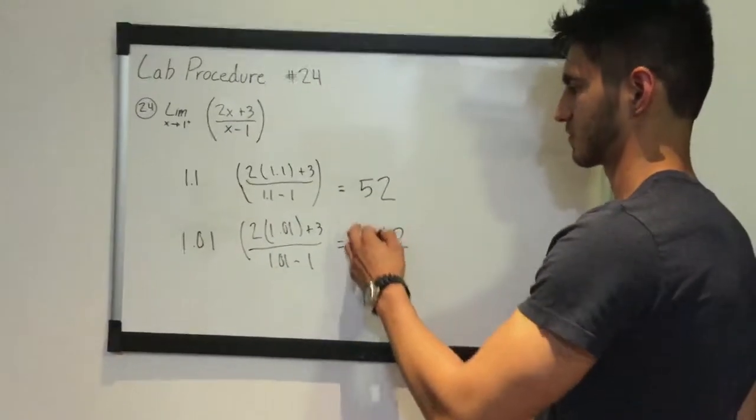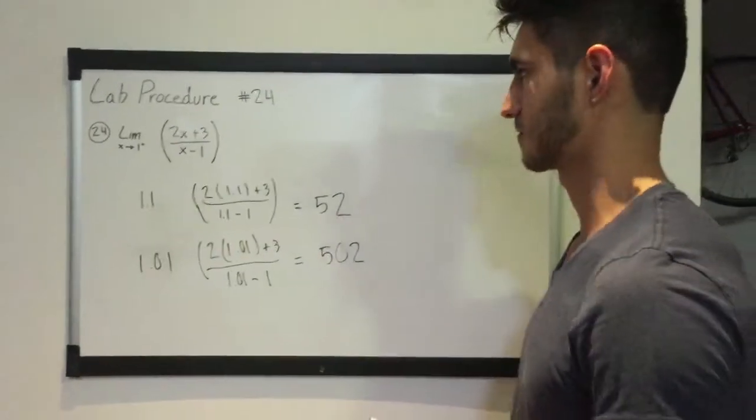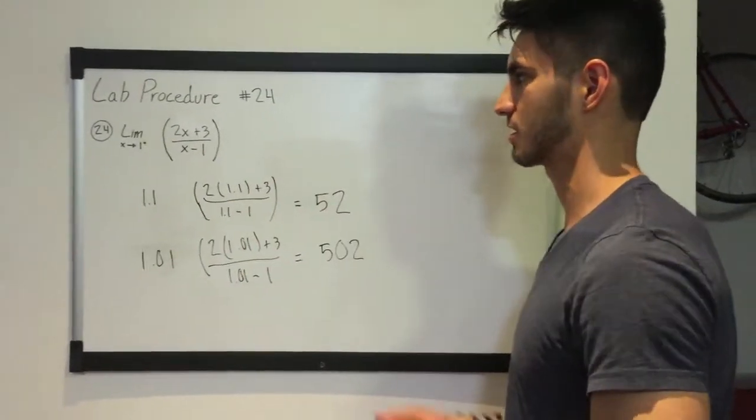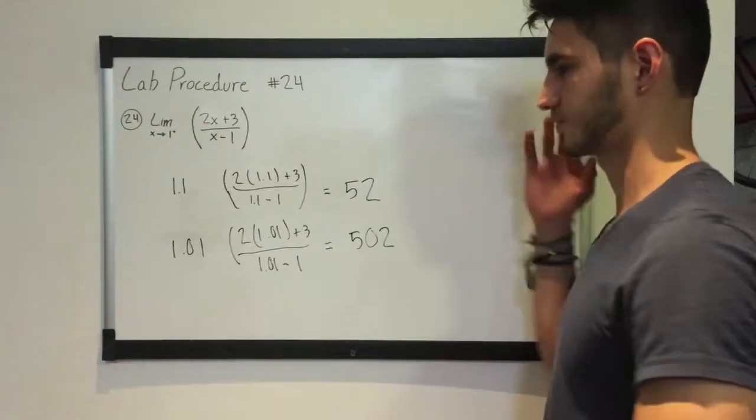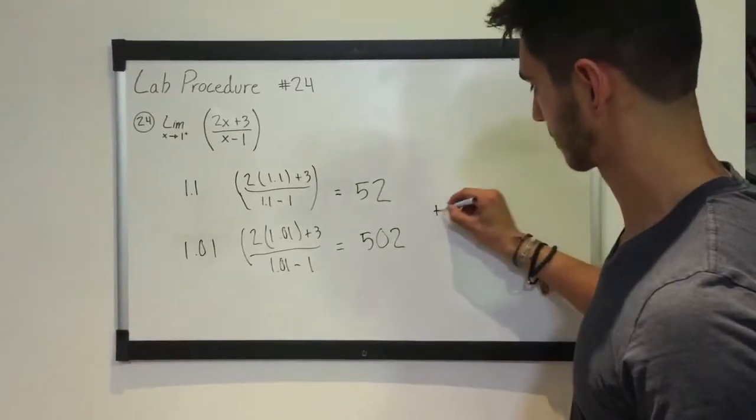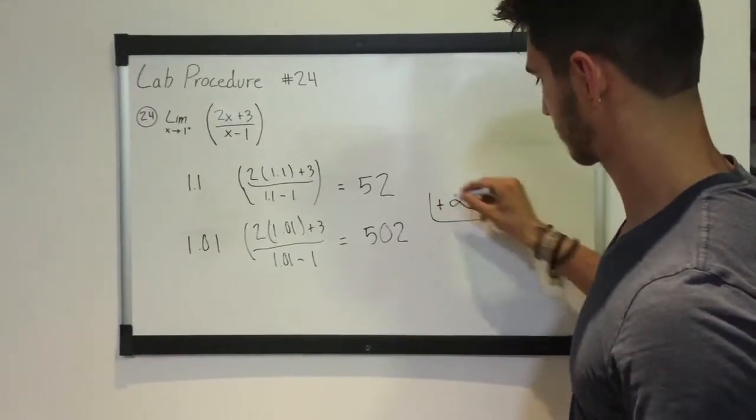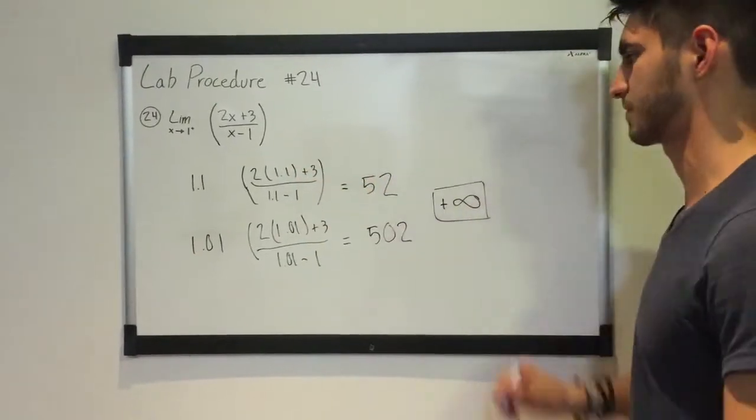So these numbers are proving to us that from the positive side on this expression, the limit is gonna be facing the positive infinity. So the limit for this expression is gonna be positive infinity.